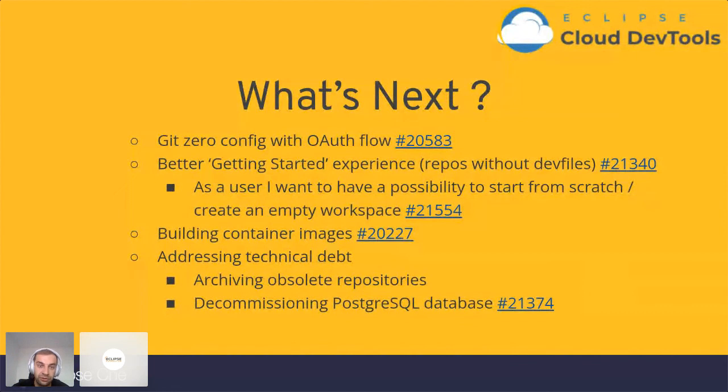So stay tuned and follow our blog post. I think we'll have a dedicated blog post for that. And addressing technical debt. If you follow our mailing thread, we are going to archive a lot of obsolete repositories, including the obsolete samples.